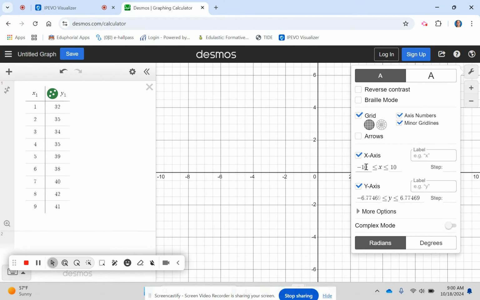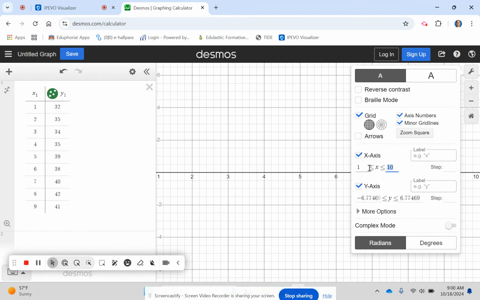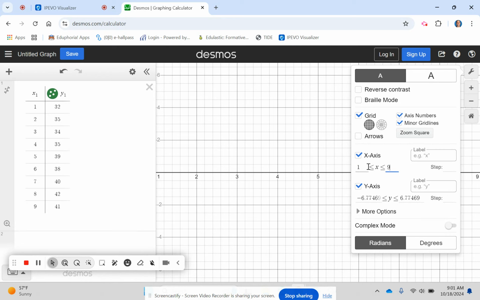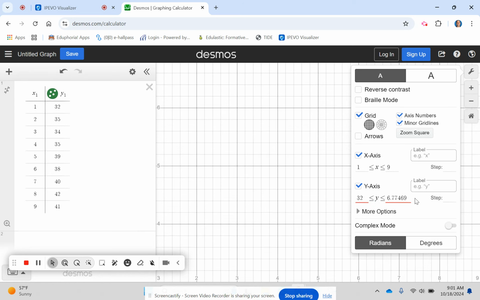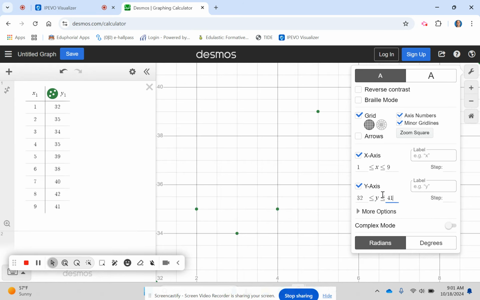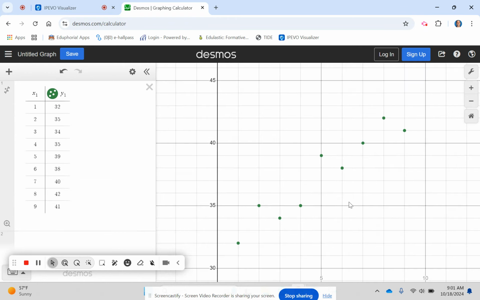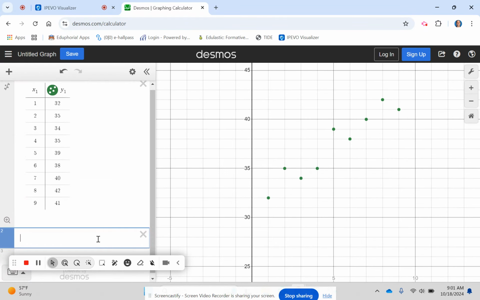We're going to go to the wrench, adjust the x-axis to 1 to 9, and then the y-axis 32 to 41. We're going to zoom out so we can see our points.